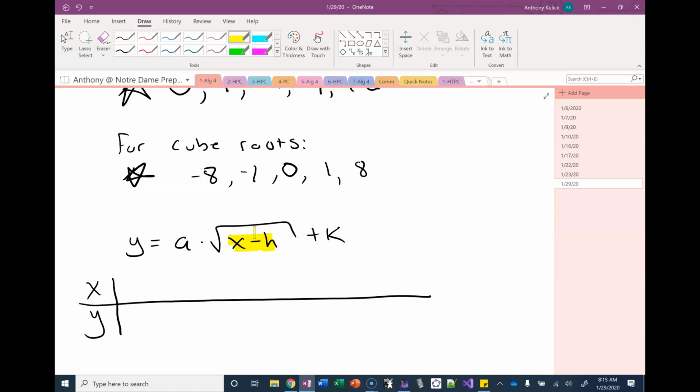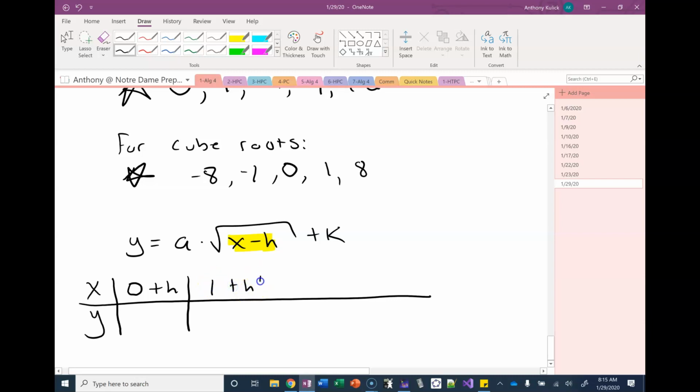Because that was our first perfect square. Notice underneath the square root, I have x minus h. So what value would I pick for x? Well, I just pick 0 plus h. If I plug in 0 plus h, the minus h is going to cancel out with the plus h, and I'm going to be left with just the square root of 0. Everybody okay with that idea?